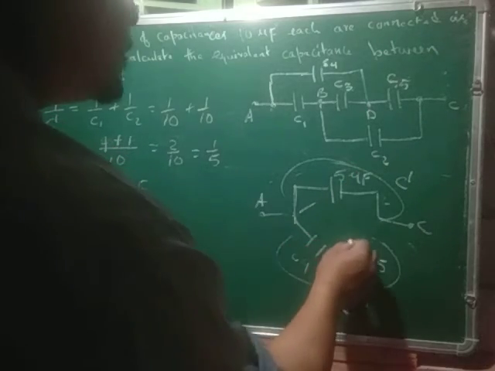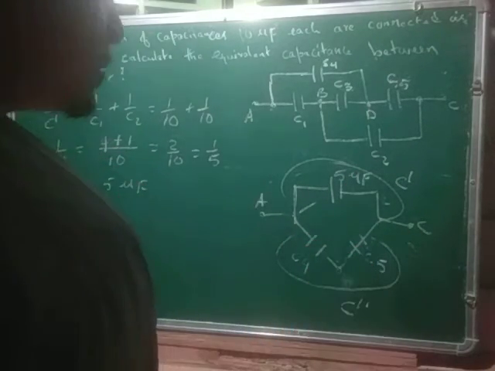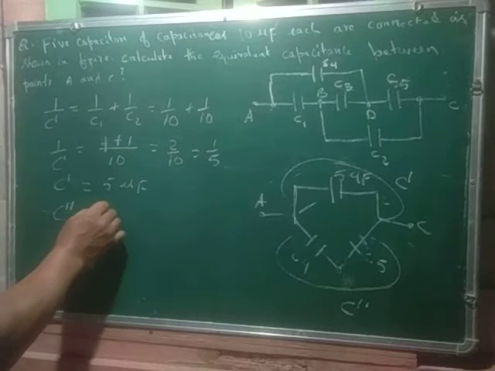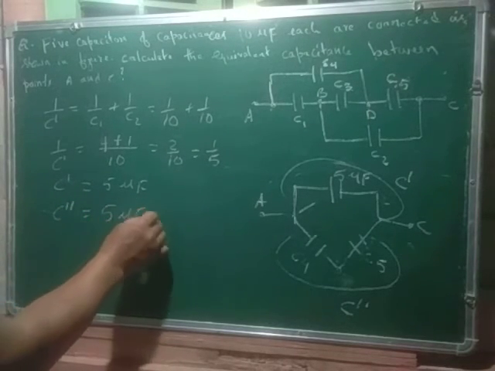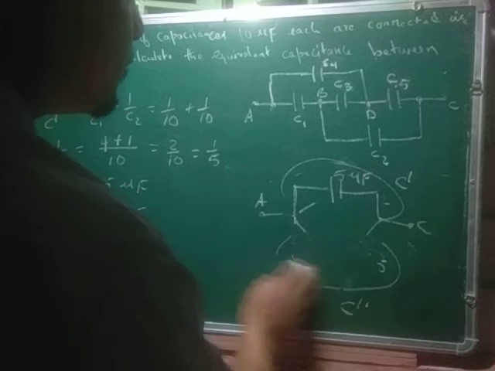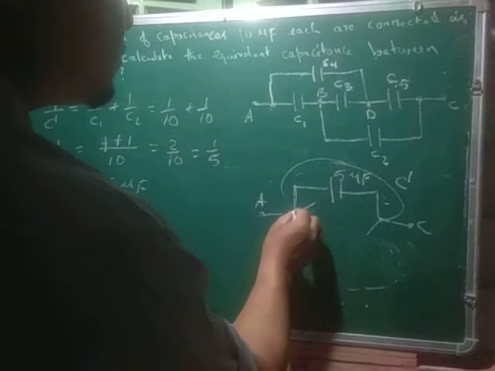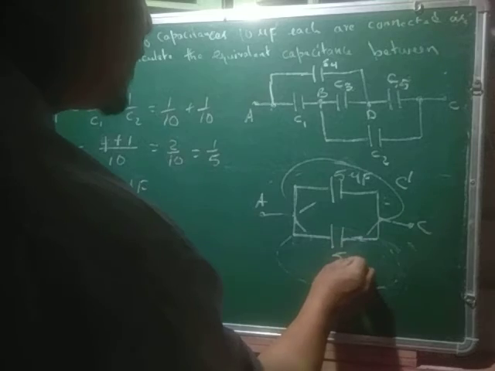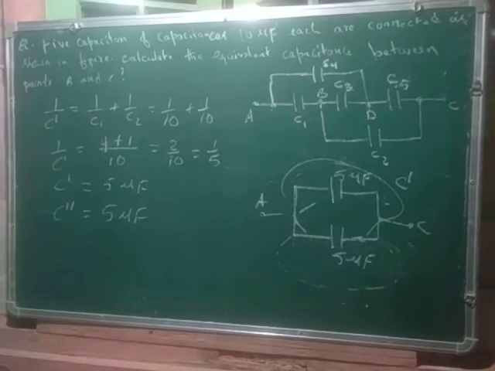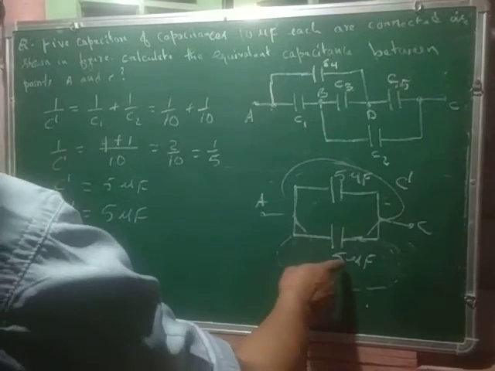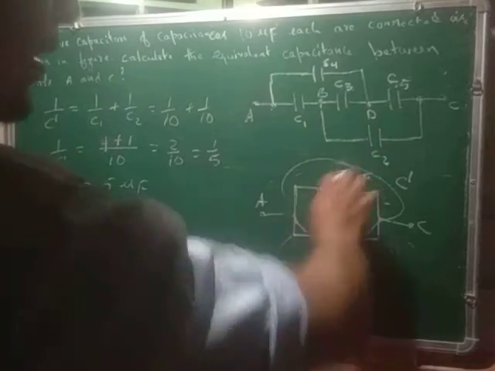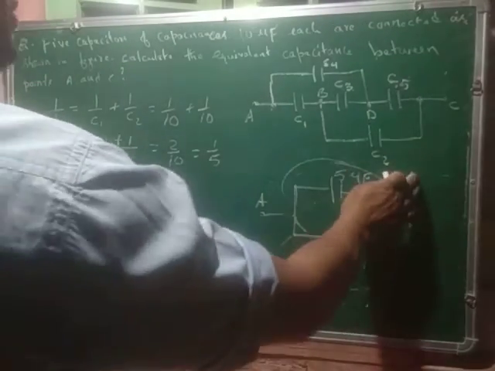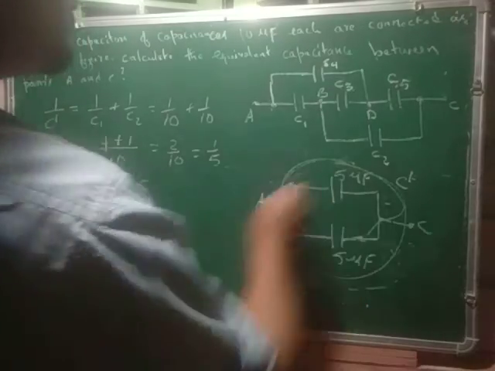Similarly, because C4 and C5 are in series, when you find C double dash, again you get the same thing, that is 5 microfarad. So now I will replace these with C double dash, which is equal to 5 microfarad. Now these two capacitors, 5 microfarad and 5 microfarad, are in parallel and placed between points A and C. So the total capacitance is the parallel combination of these two.